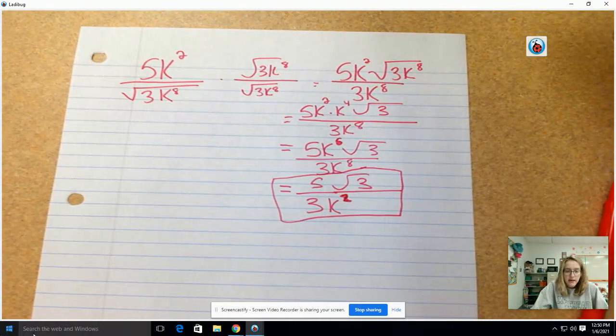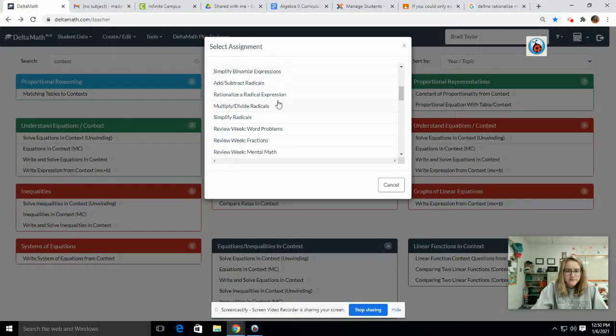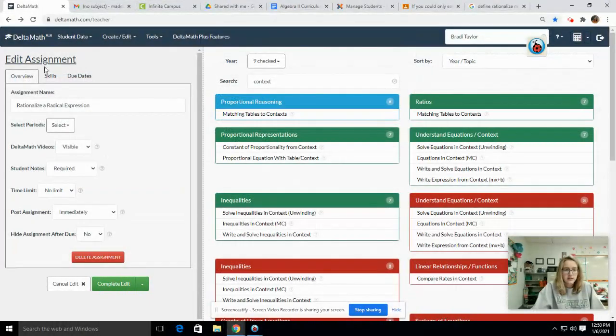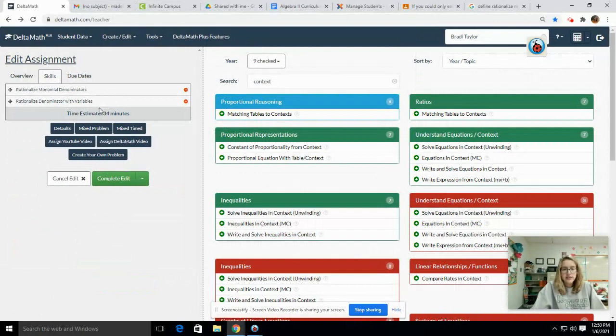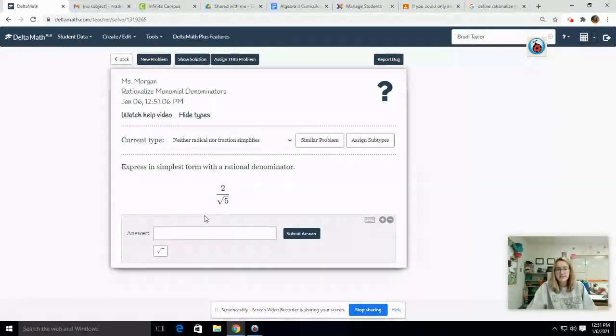So in Delta Math, let me get that pulled up for you all. You're going to have an assignment that says rationalize a radical expression, and you'll have 2 sections. This will say rationalize a monomial. Monomial, that's an odd word, it just means one term, in the denominators. And they'll be in this form.